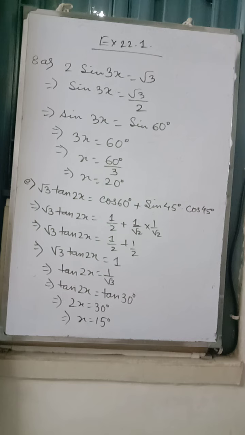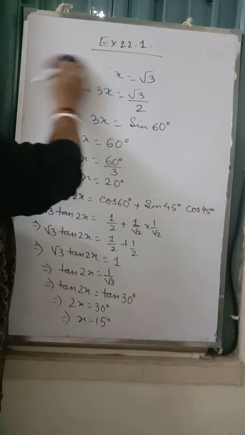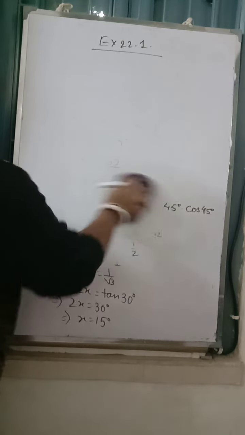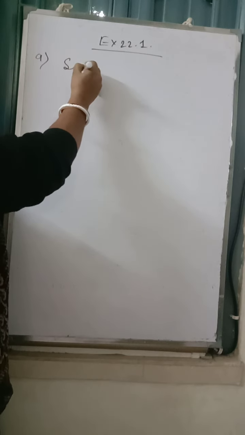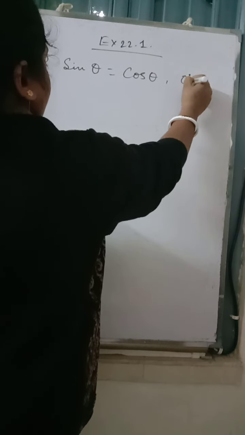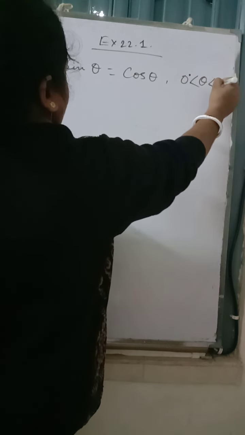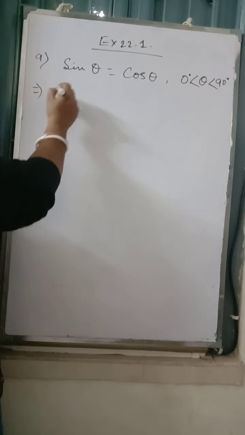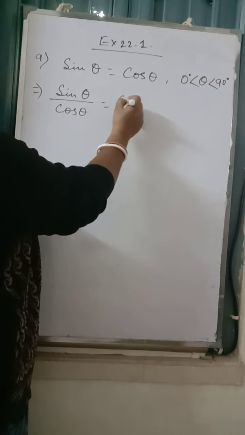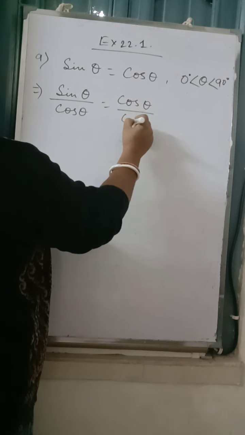Question number 9, it says, if sin theta is equal to cos theta and theta is greater than 0 degree and less than 90 degree, what will be the value of theta? Now I am writing sin theta by cos theta is equal to cos theta by cos theta.